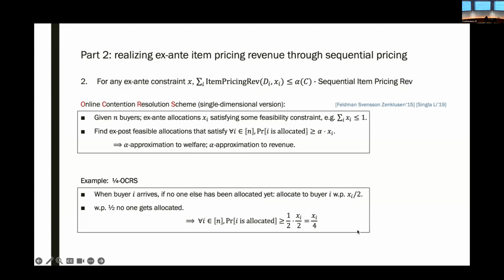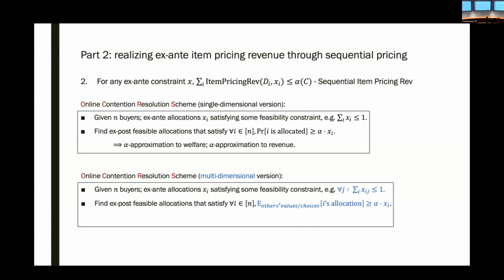This is because the revenue function is a concave function. Okay, so that's great. And really the key thing here was we want these selling probabilities to be not too large and not too small relative to xi.